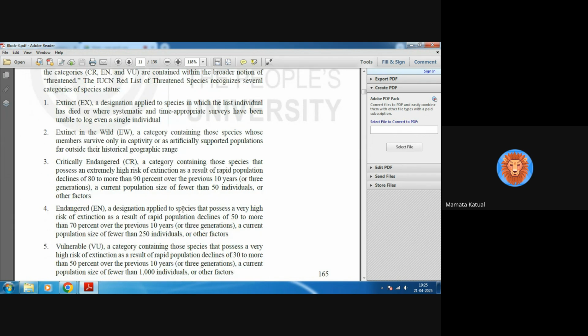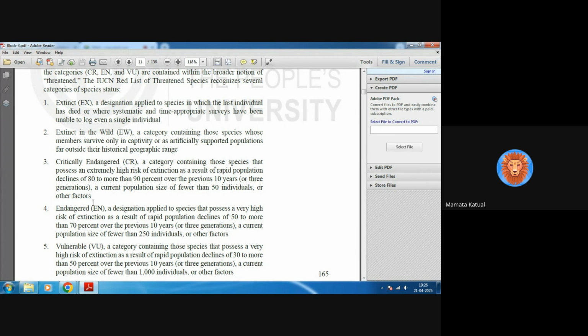Like critically endangered species, they have a very high risk of extinction. So if there is a rapid population decline of 80 to more than 90% over the previous 10 years.